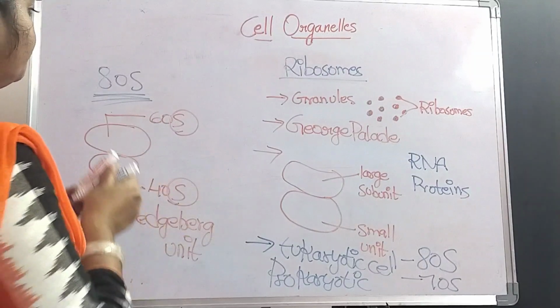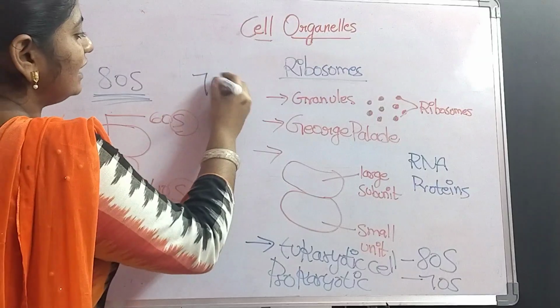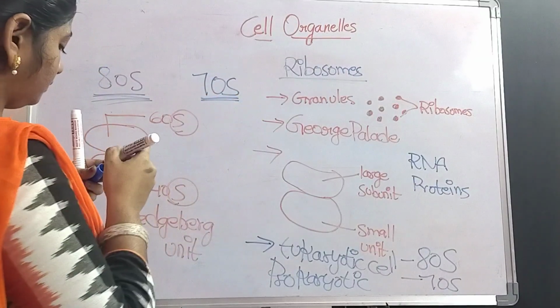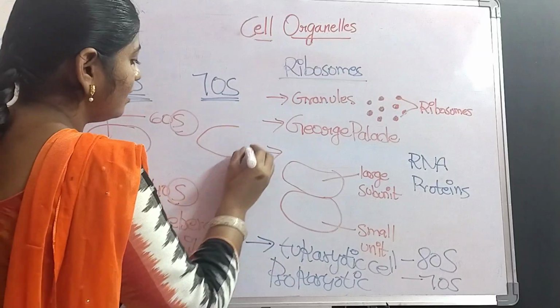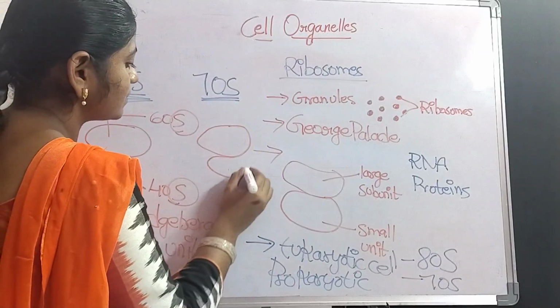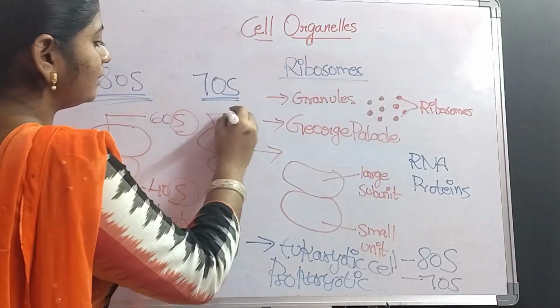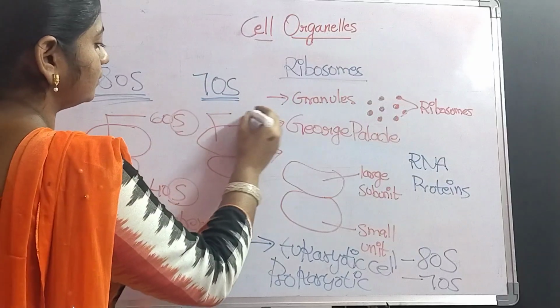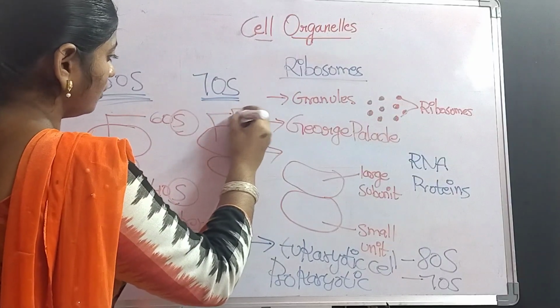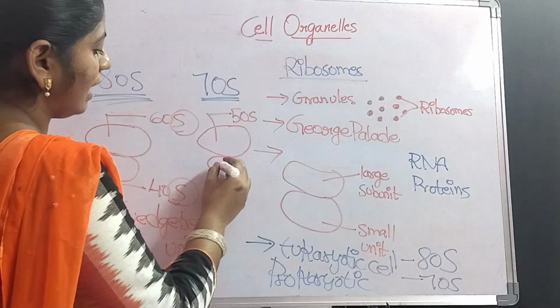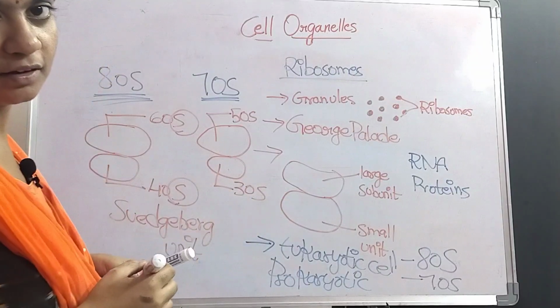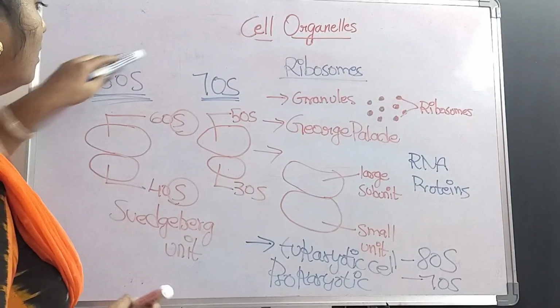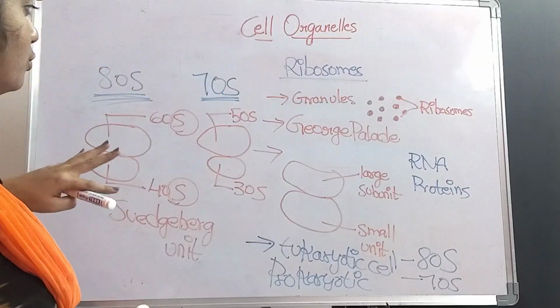Coming to the 70S type of ribosome, this is the larger subunit and this is the smaller subunit. The larger subunit is 50S and the smaller subunit is 30S. This is the complete structure of the ribosomes.